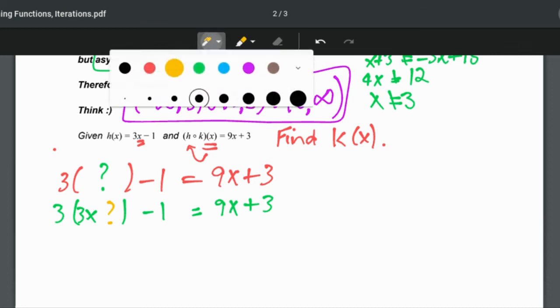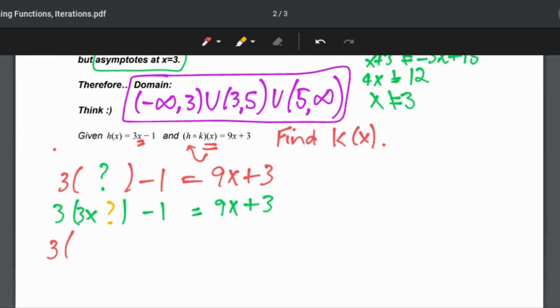So now you really have to think. Remember, I'm trying to get 4. So what if I did a fraction? 3 times 4 thirds. Well, 3 times 4 thirds, the 3s would cancel. I would get just 4, and I want a positive 4.